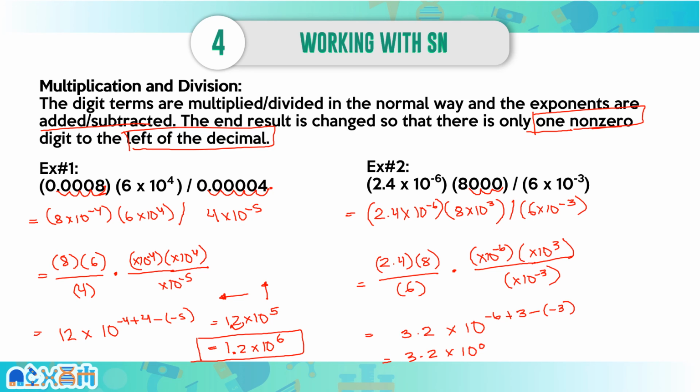And according to the table a while ago, 10 to the 0 is equal to 1. So 3.2 times 1 means the final answer is 3.2. Okay, so that is how you multiply and divide values with scientific notation.